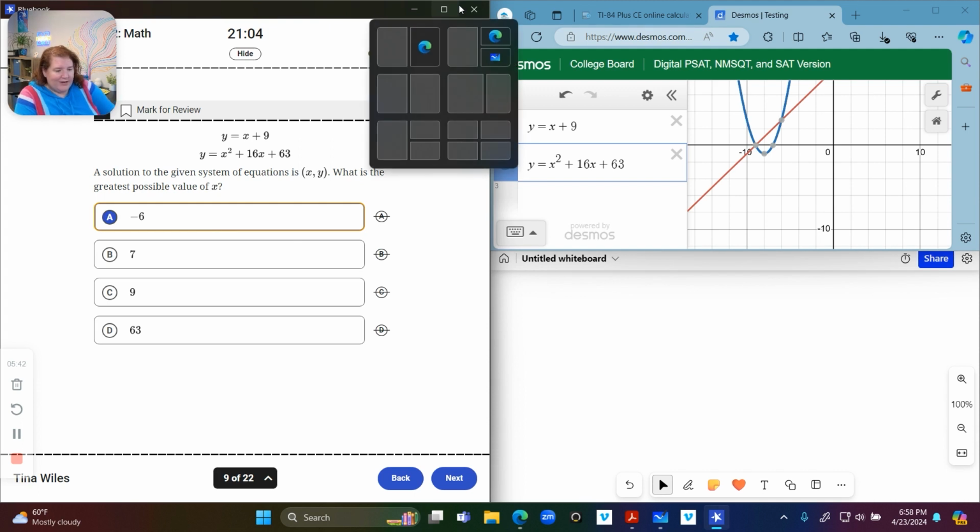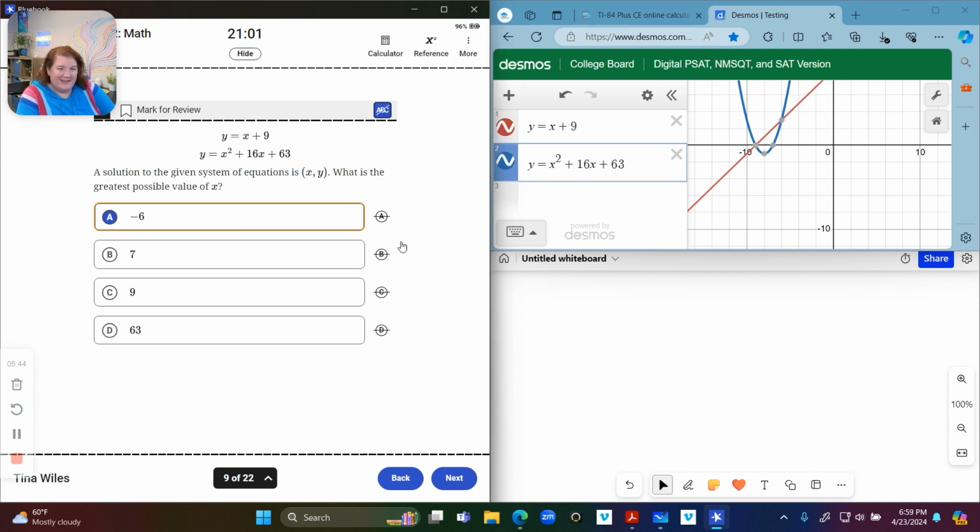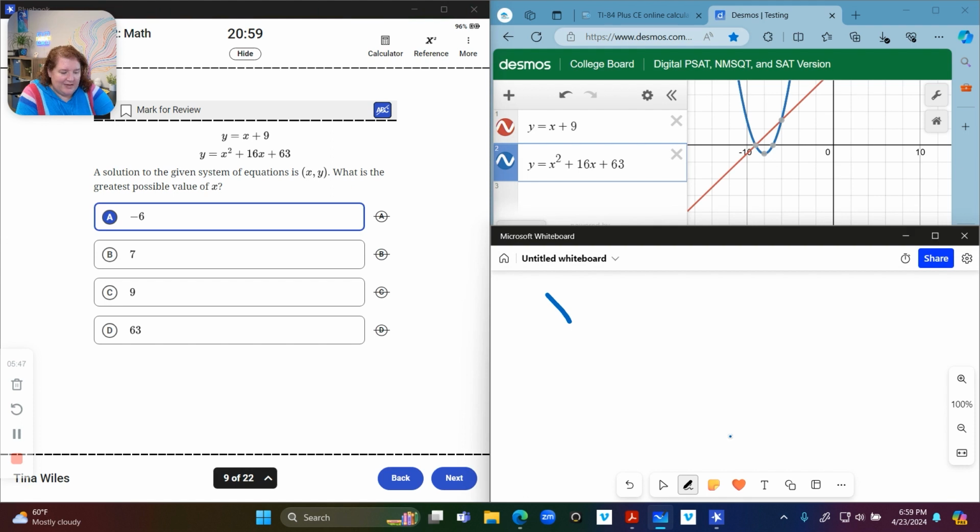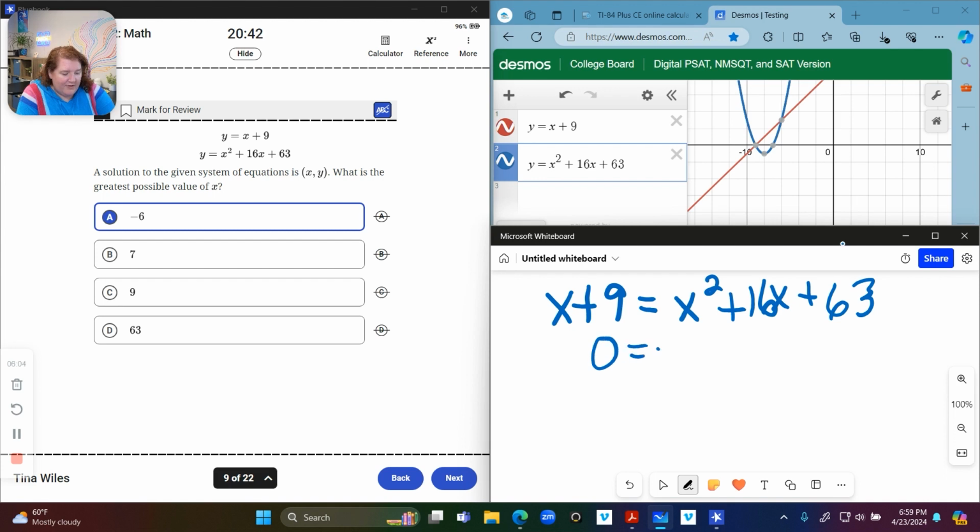To solve it algebraically, again, I would set these two equal to each other. So I would get x plus 9 equals x squared plus 16x plus 63. I'd move all the variables to the same side, so I would get x squared plus 15x plus 54 equals 0.